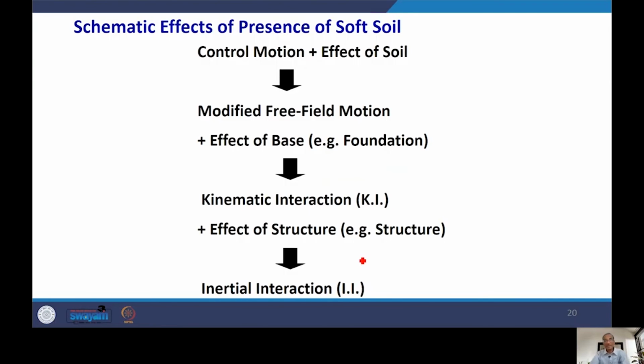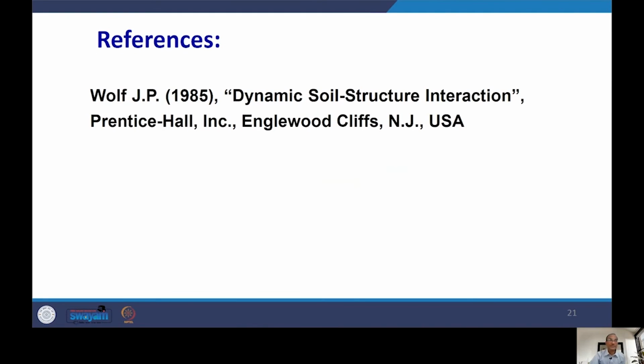And this completes it. So you have this control motion, and on top of the control motion you have the modified free field motion. Then the effect of the base will lead to kinematic interaction, and finally, when you insert the structure, it will lead to inertial interaction.